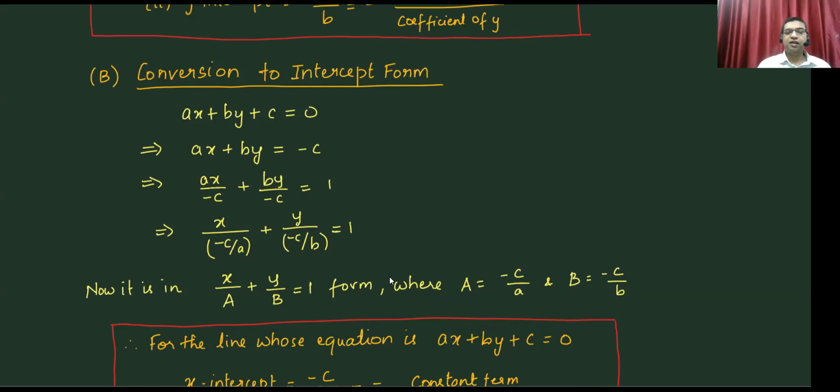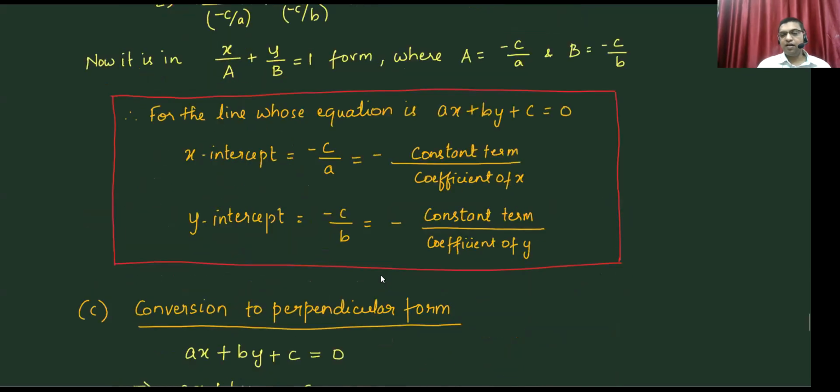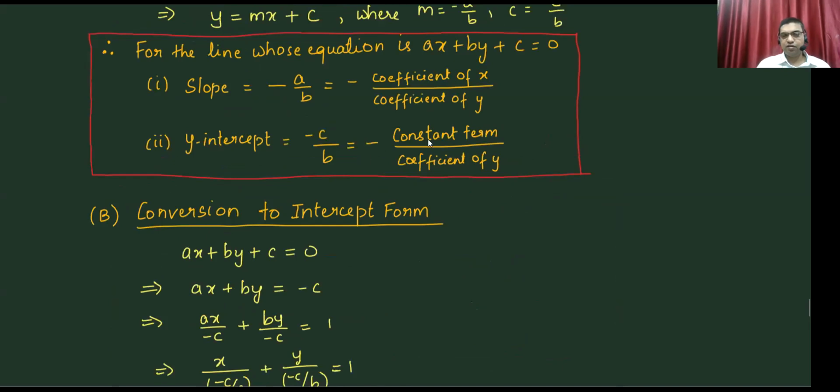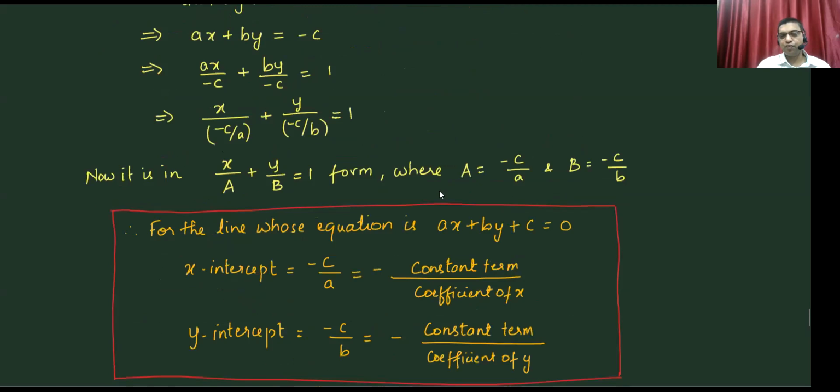So from here, what do we get? We can observe that the x-intercept is minus the constant term by the coefficient of x, and the y-intercept is minus the constant term by the coefficient of y. Previously we got the y-intercept the same, minus the constant term by the coefficient of y.